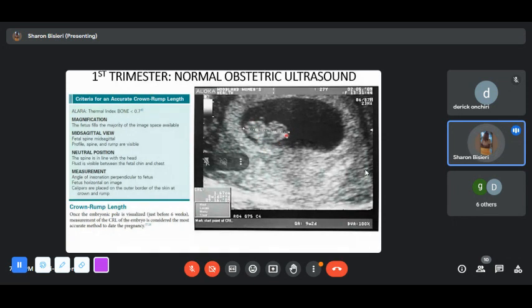So the head needs to be in neutral position in that the neck is not hyperextended or flexed. So you should be able to see fluid between the chin and the chest of the fetus. And then when you're getting the measurement, the angle of insonation should be perpendicular to your fetus. So it is recommended that you get this measurement, and it's accurate just before 6 weeks, and you use it up until the end of the first trimester.